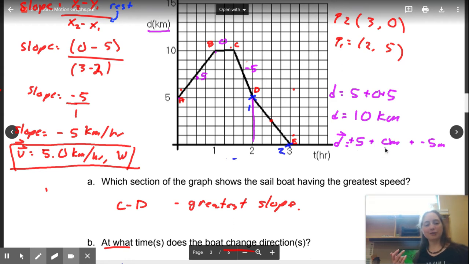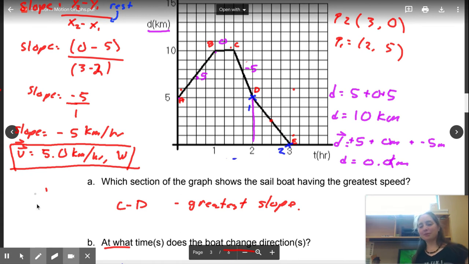Well, 5 plus 0 minus 5 is going to give you a displacement of 0 kilometers. It should all be kilometers, not meters. And it's okay to have a displacement of 0 kilometers. That's fine, because this guy wound up right back where he started. It's as if he went on a sailing boat little loop, went this way and then went that way. All right?